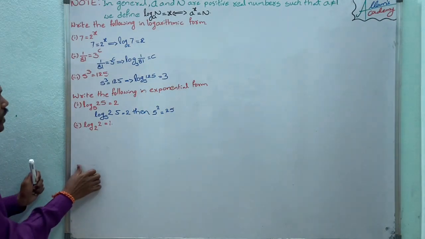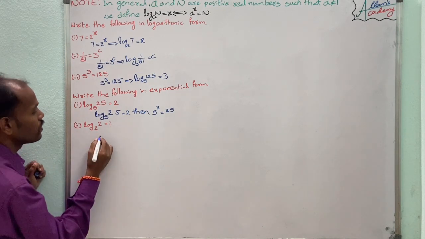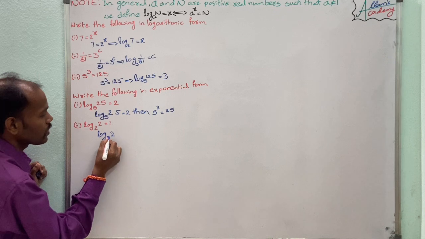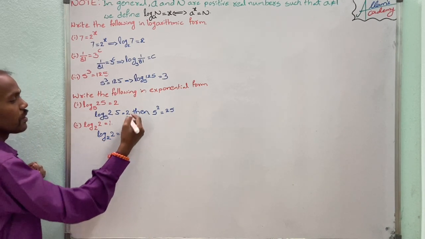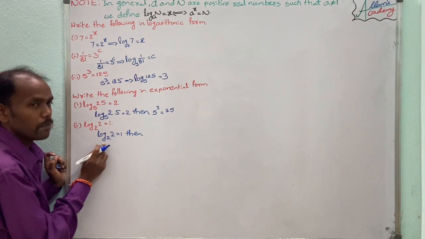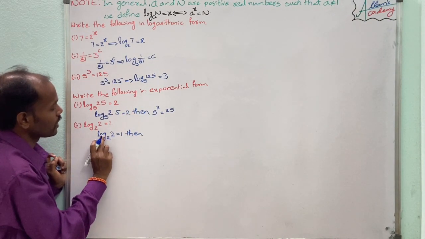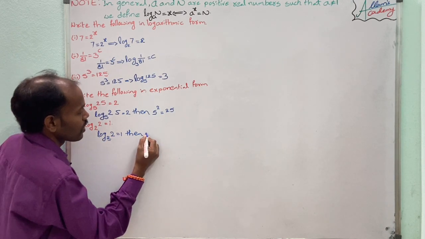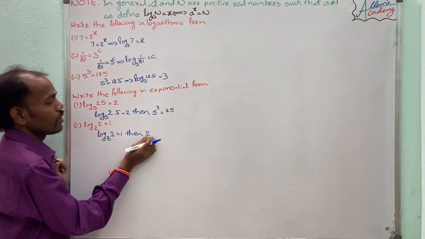Now let us observe another problem: log 2 base 2 equal to 1. In the exponential form, the base will be written again as the base. Here the base of log 2 base 2 is 2.